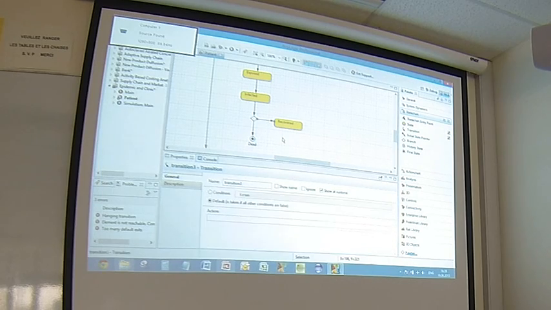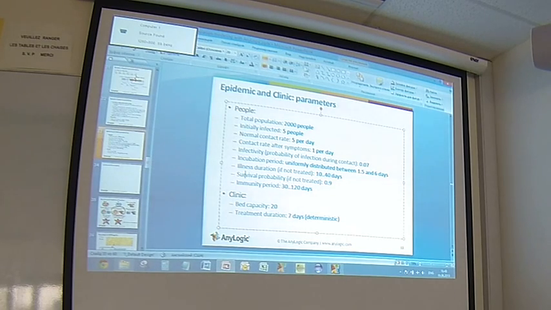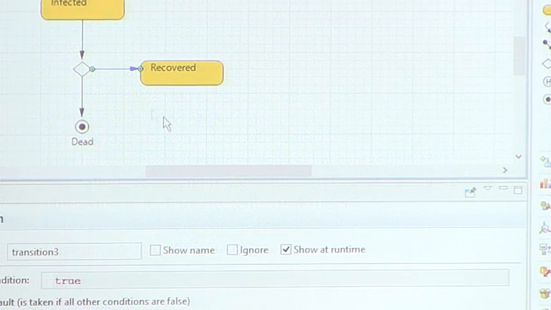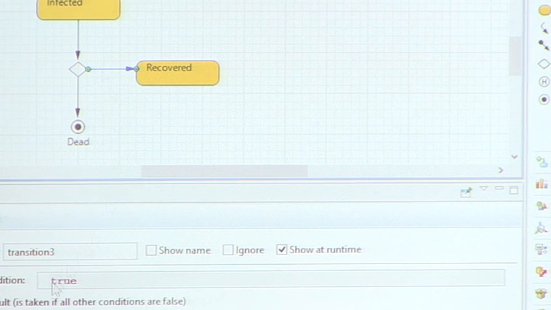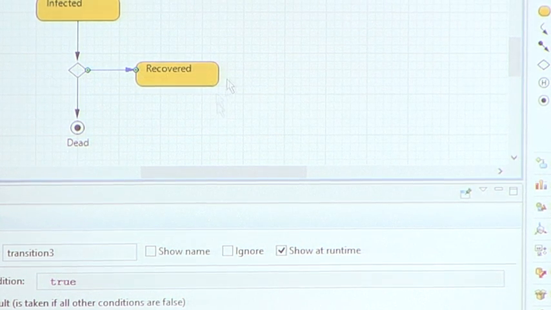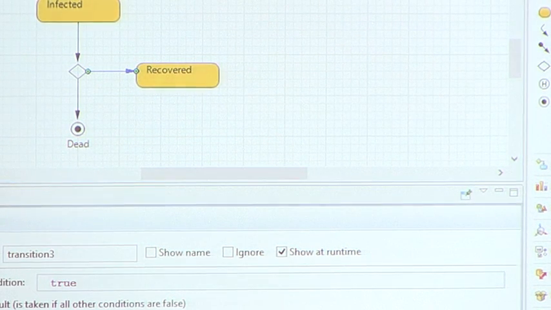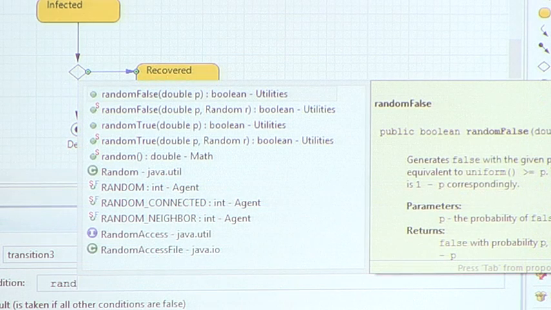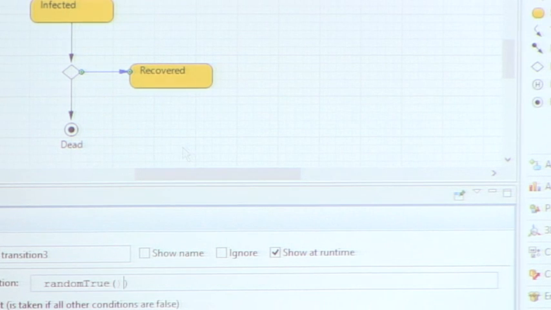What is the probability of survival? If the person is not treated, still 90% of people survive. So here, with this branch of transition, we will say the condition is random true 0.9.